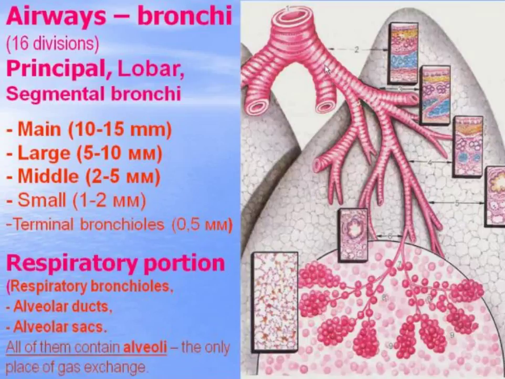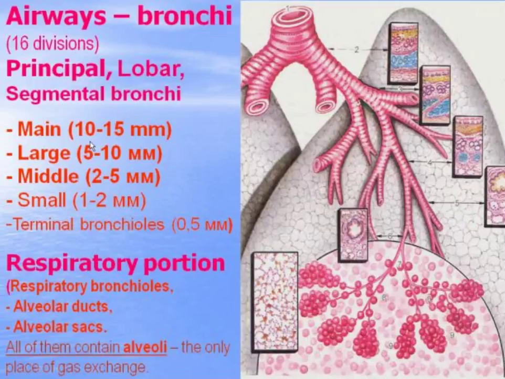The main principal bronchi divide into lobar, segmental bronchi, then large, middle, small bronchi, terminated by terminal bronchioles.